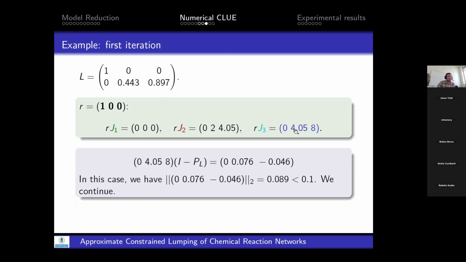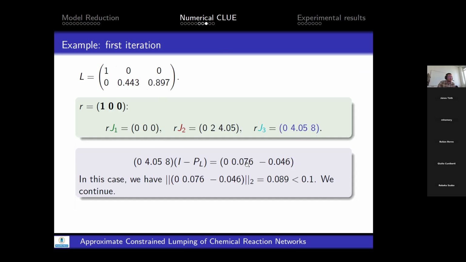We move to the next one that we got already. The 0, 4, 0.05, and 8. Now, it's not as simple to compute the orthogonal projections, at least mentally speaking, but a computer can do this no problem. And we check the difference between the vector and the orthogonal projection over here, which is essentially this product.